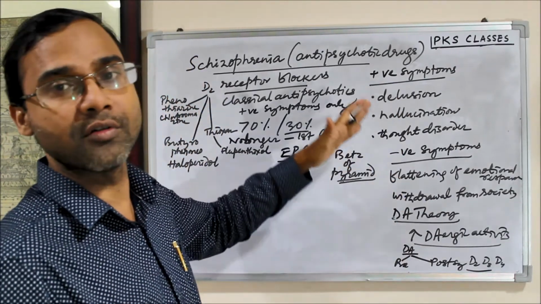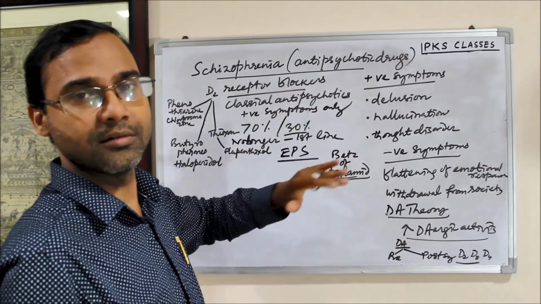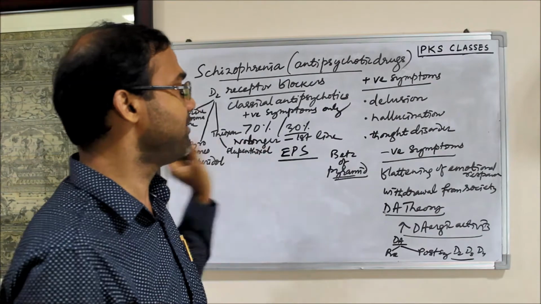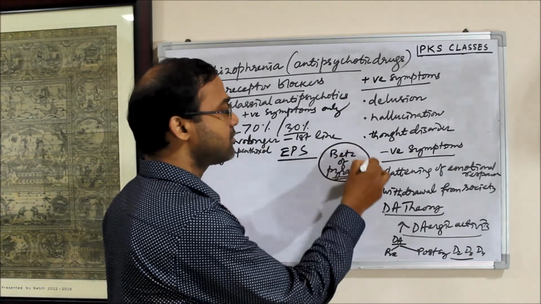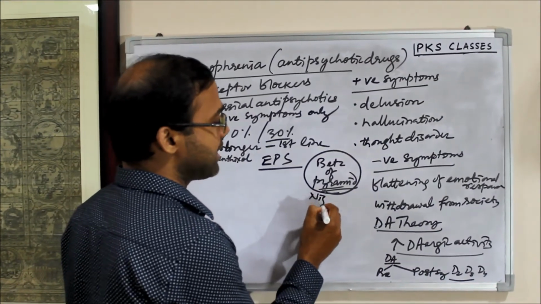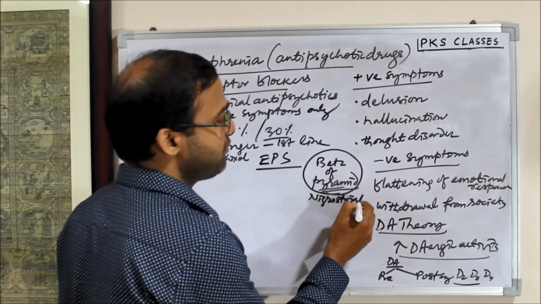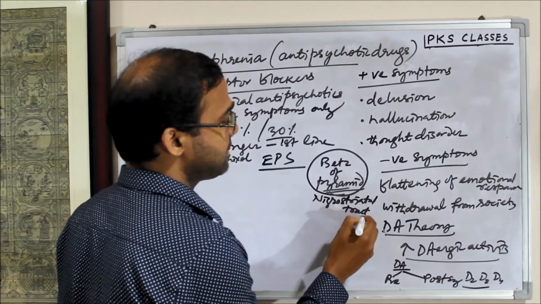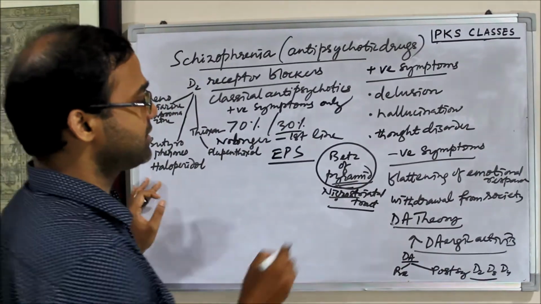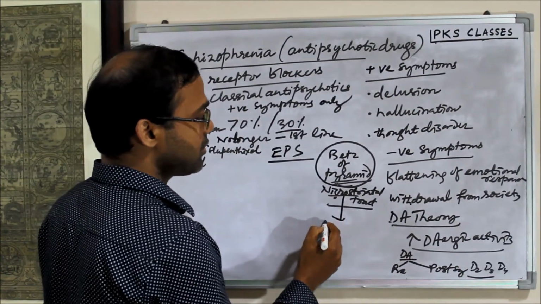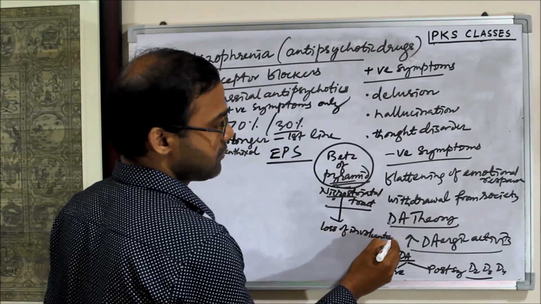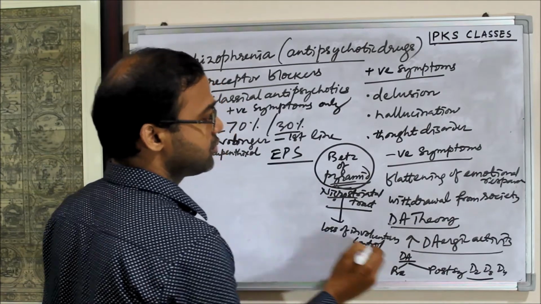You can refer to our dopamine class, where all the actions of dopamine are described. So extrapyramidal side effects mean outside this base of pyramid, and there is the nigrostriatal tract. When the dopamine receptors in this tract are blocked, what happens? There will be loss of involuntary control.